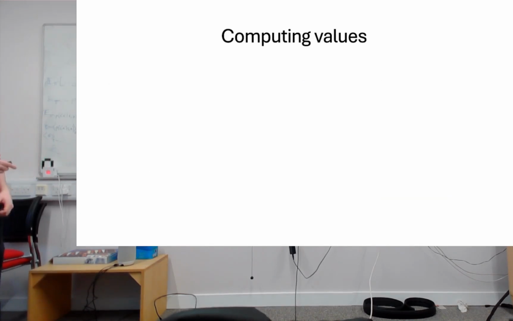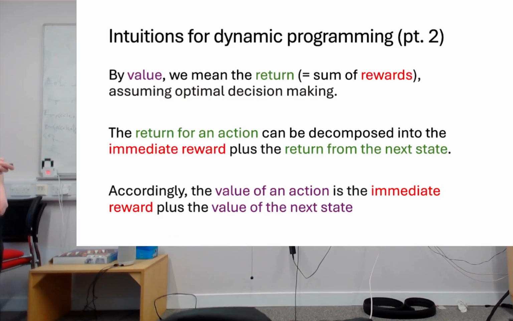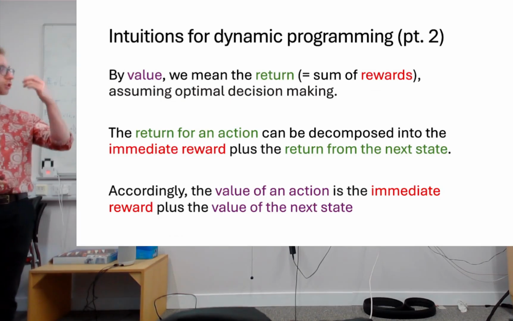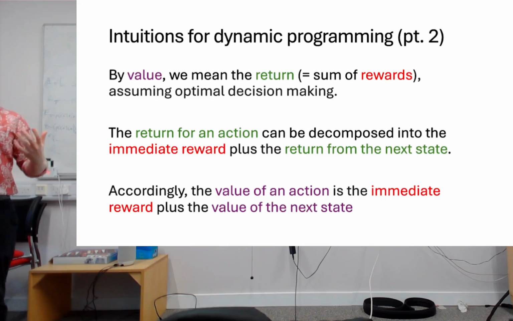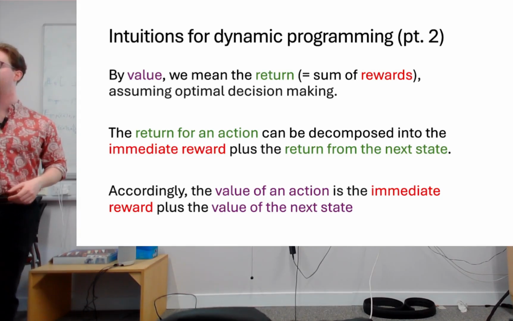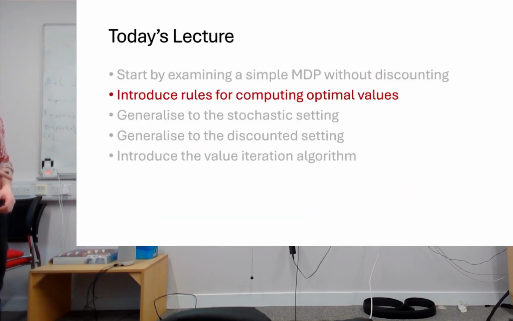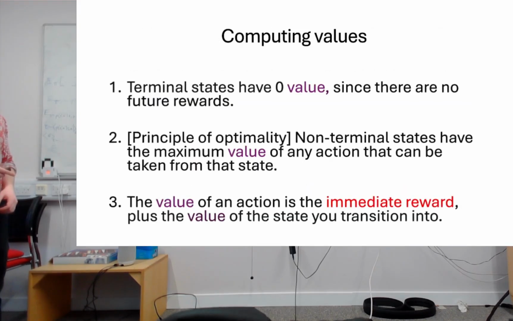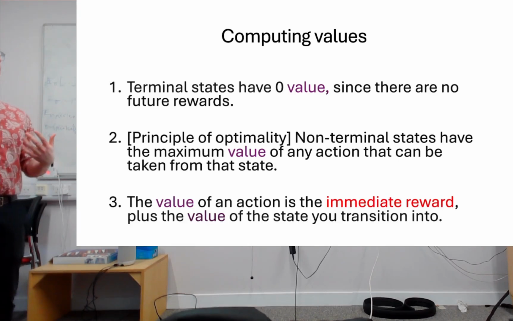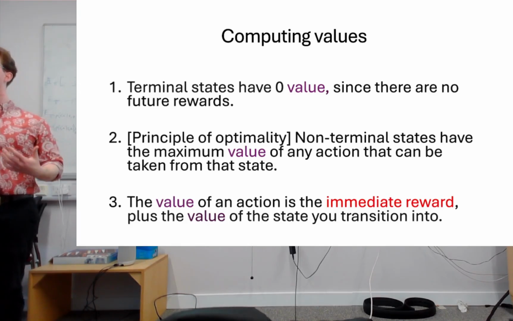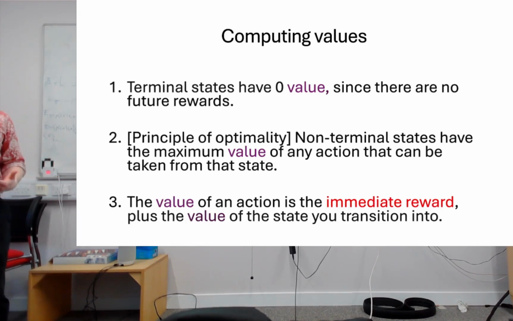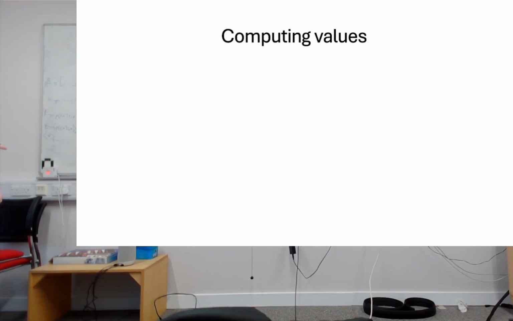And that's precisely this part here: the value of an action is the immediate reward plus the value of the next state. This comes from the fact that the return from an action is the immediate reward plus the return from the next state. So all I'm doing here is moving from returns into values. I think this will become more clear once we've worked through an example and computed values.